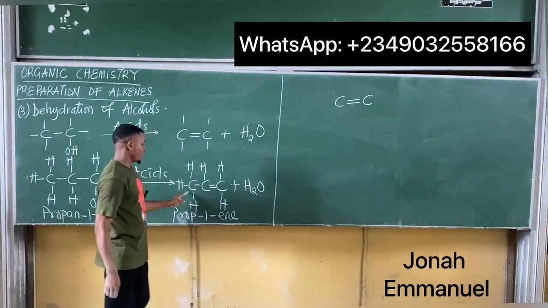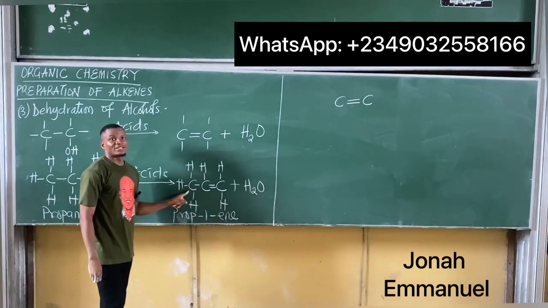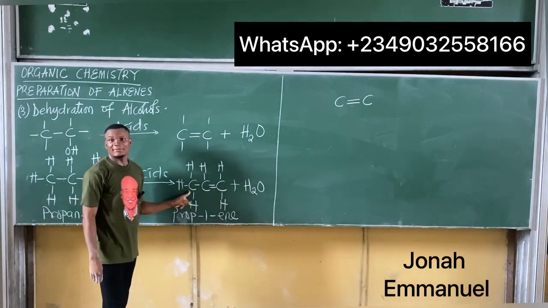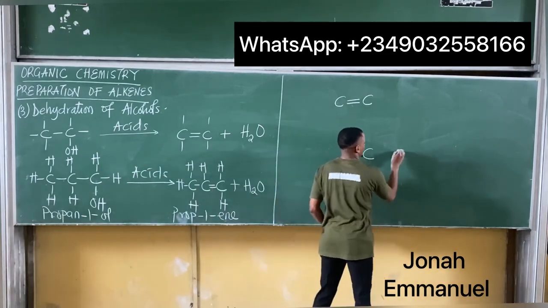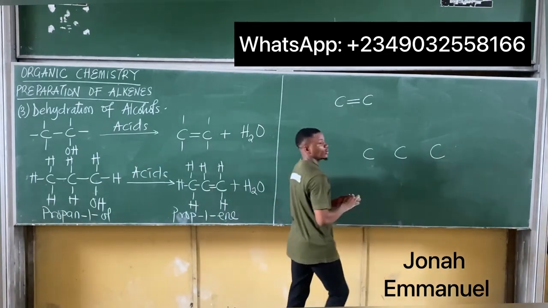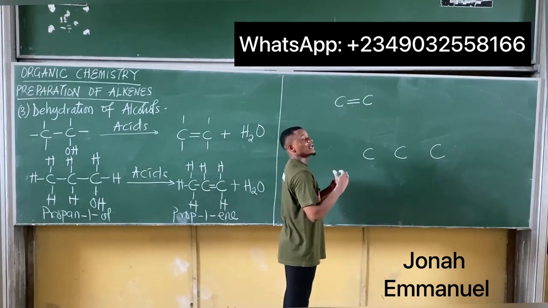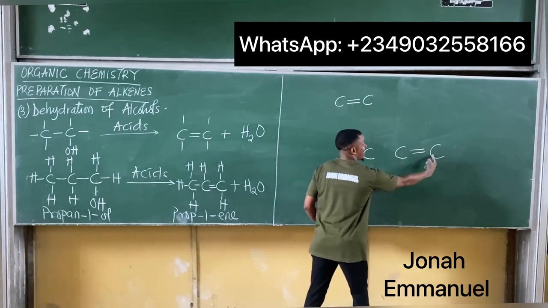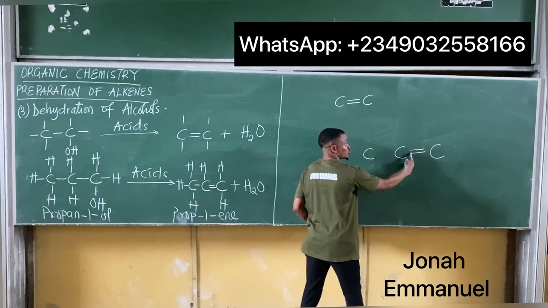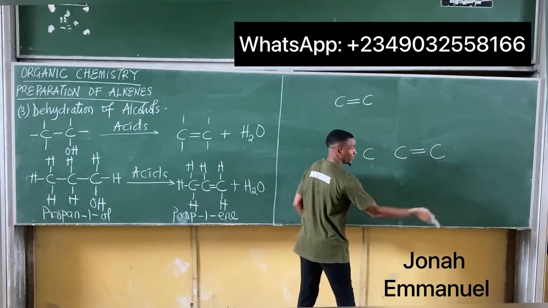The same thing applies to propene itself. There is no 2-propene. Can there be 2-propene? Look at this: 1, 2, 3. This one gives you a prop. Let us say we want to put the double bond here. That becomes 1 before this one here, so it's prop-1-ene, or 1-propene.